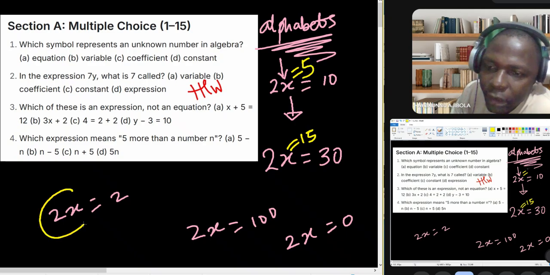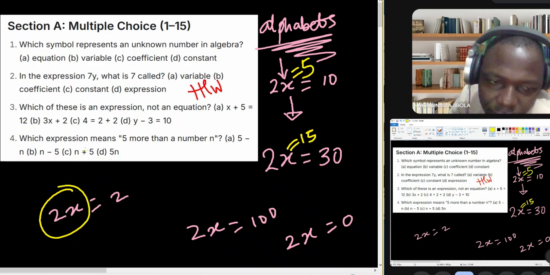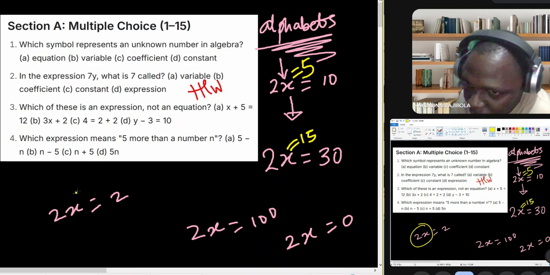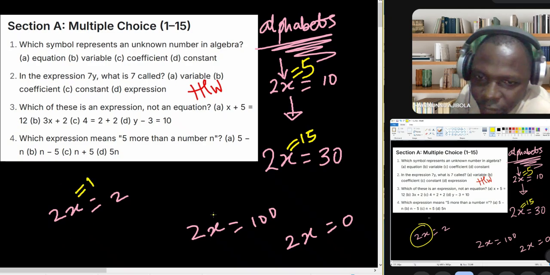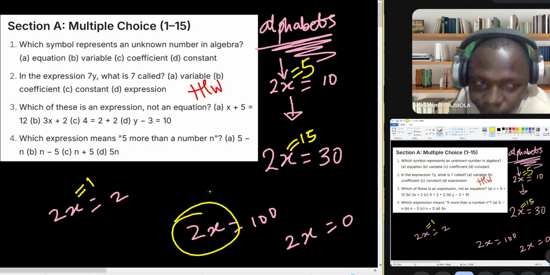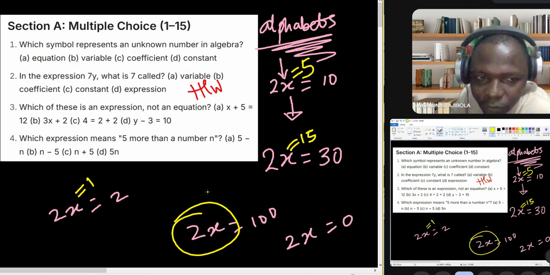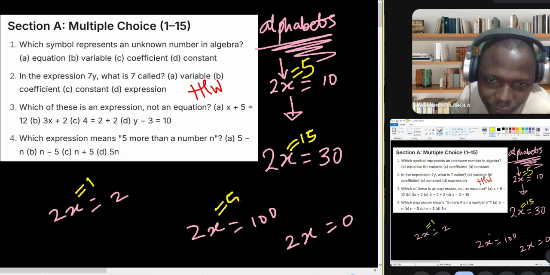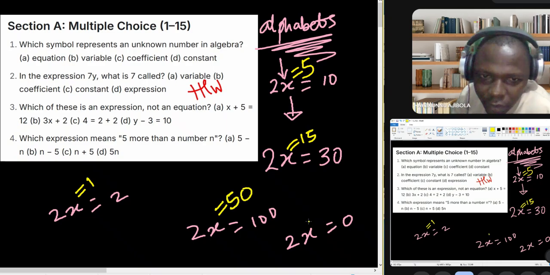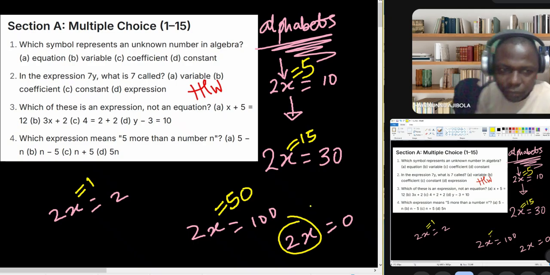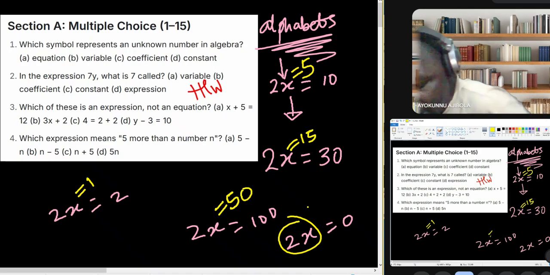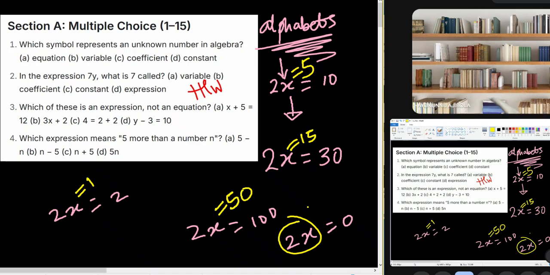The x at this other one here, 1. 1, very good. The next one, the 100 one, that one is going to be 50. 50. And the x here, 0. 0. Now, so you know why x is the variable, right?